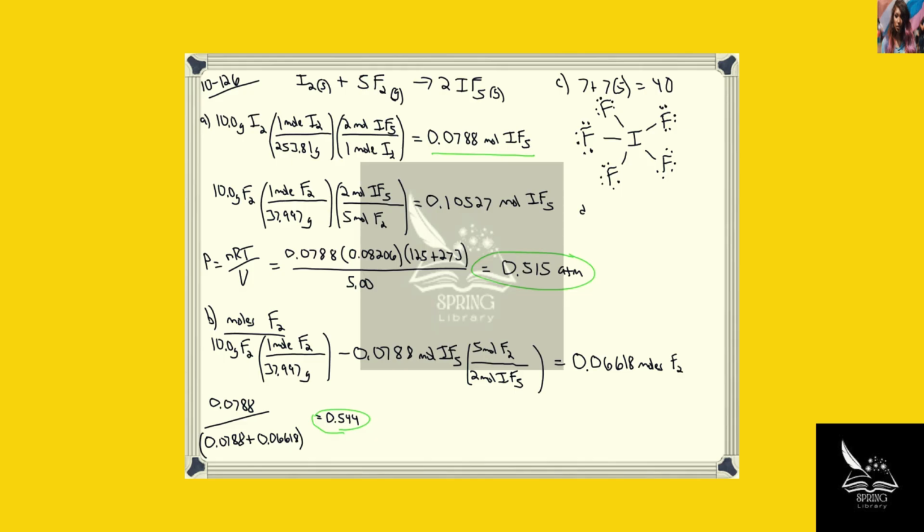The last part of this question asks for the total mass of the reactants and the products in the flask. Now, there's a hard way to do this, and there's a very, very easy way to do this.